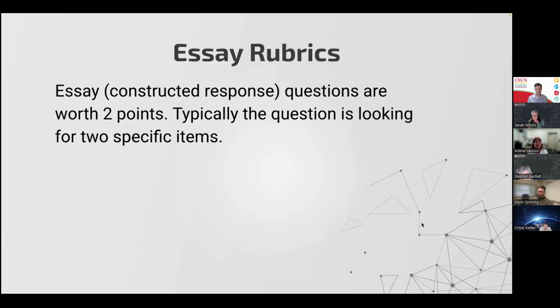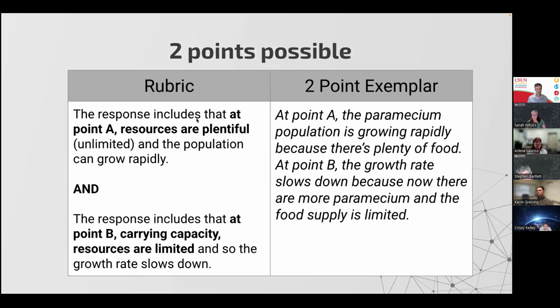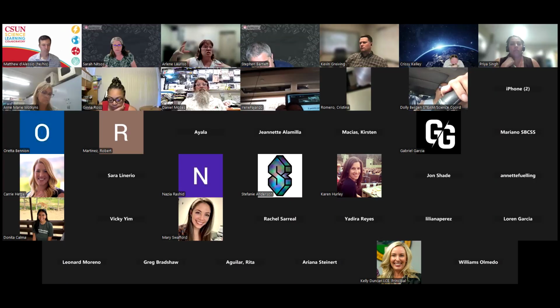So then we're going to be looking at the rubric. This is worth 2 points, and that's typical. One point is for saying that at point A, remember that's when it's moving up on the graph, the resources are plentiful, and so the population is going to grow really rapidly because there's no limit to the resources.